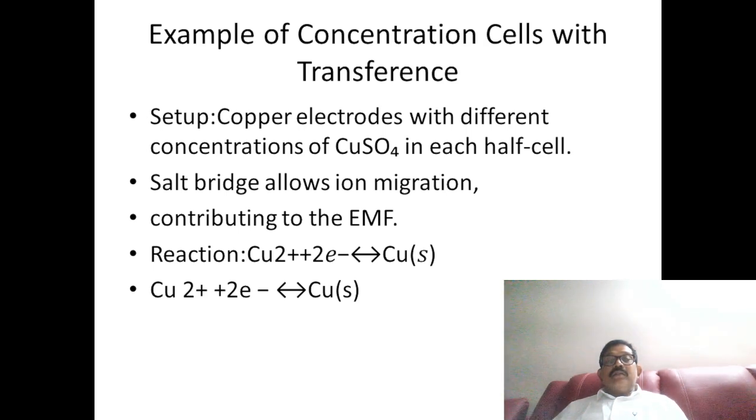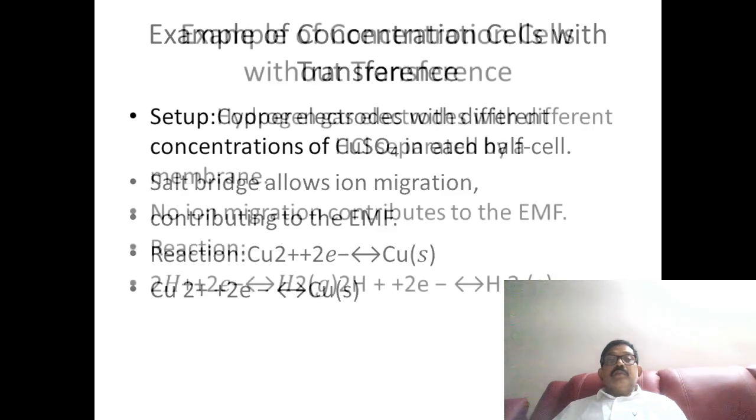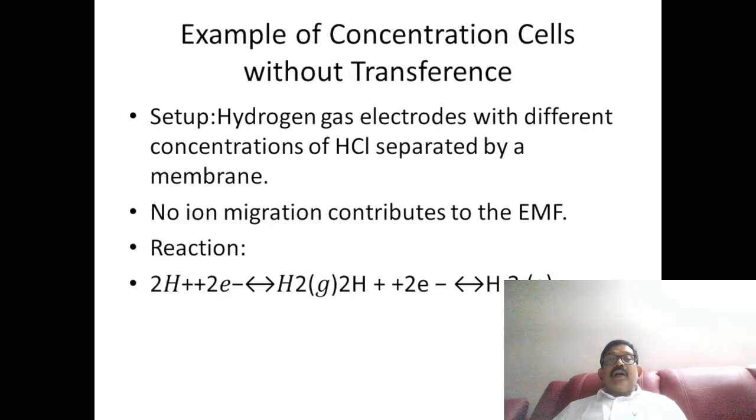Copper 2+ ions take 2 electrons from the external source and convert into copper solid. This is called reduction. Copper solid splits into Cu2+ and 2 electrons. This is called oxidation.